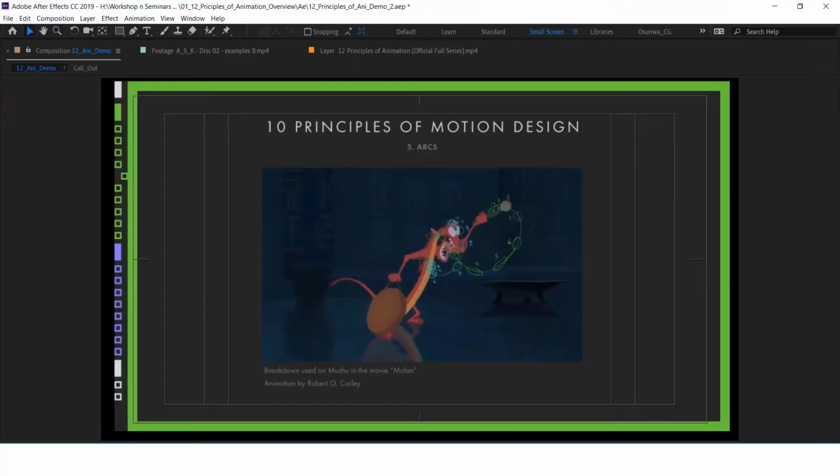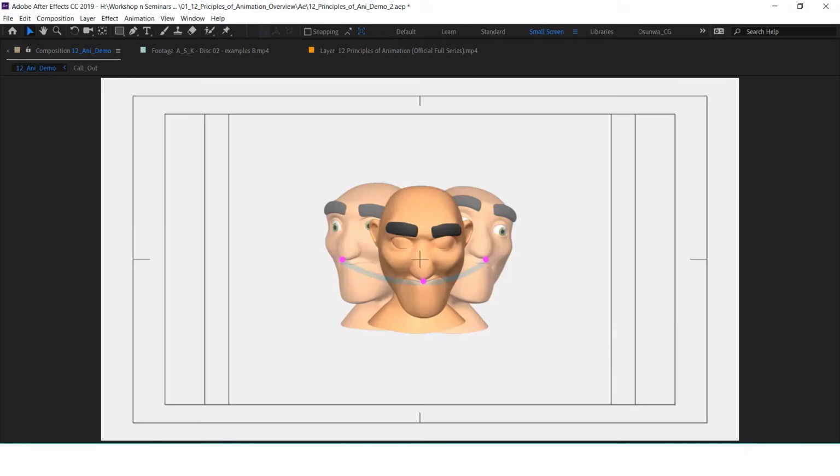This is Mushu in the Mulan cartoon. So you can see when he hits this thing on his head, there is this circular path. So does all the cartoon. It's also crucial to know this whenever we are doing a head turn, because this is very tricky.